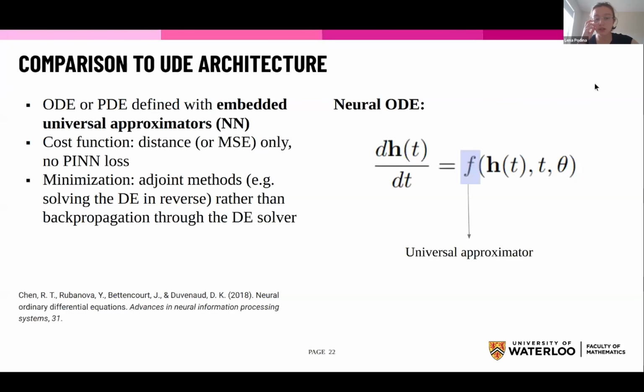Compared to the UDE architecture, basically UDEs are ODEs or PDEs defined with embedded universal approximators, or neural networks. However, there is a significant difference here, which is that neural ODEs or UDEs use the cost function of the distance or mean squared error only, and they do not use any kind of PINN loss.